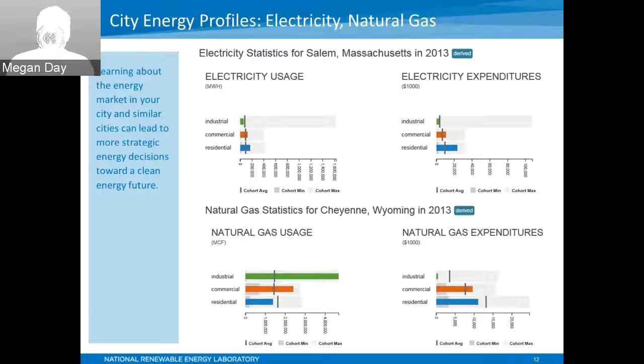So if you go to that site, you'll see an entry page where you can enter the zip code or the city name and state of any US city, and it will pull up individual charts such as these for Salem, Massachusetts, and then I'm also showing Cheyenne, Wyoming, just to emphasize that every city is in here.